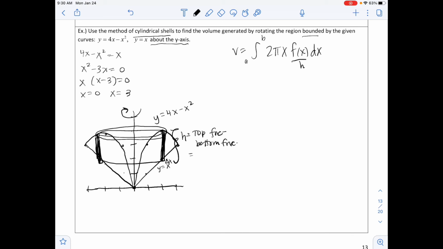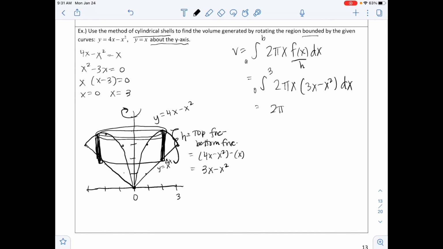So for this problem, the top function is going to be 4x minus x squared minus our bottom function, which is just x, and this is going to simplify to 3x minus x squared. And so in setting up this volume problem, we're going to have the integral, and again we're integrating from 0 out to 3 of 2 pi x, f of x, or our height of that rectangle, is going to be 3x minus x squared, and then dx.